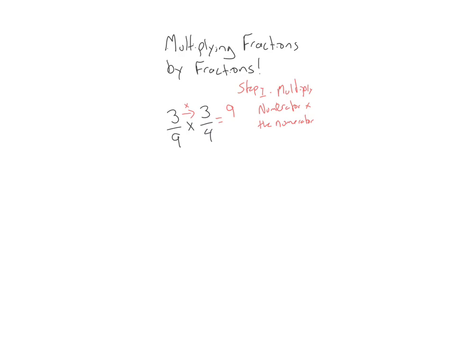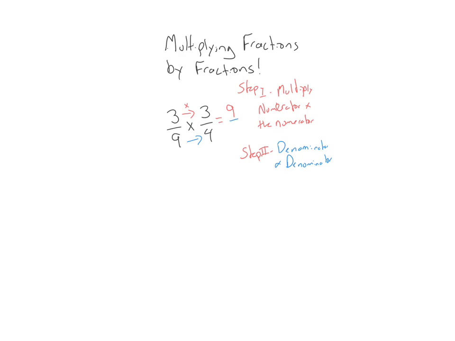Okay, then step two is we multiply denominator times denominator. And that's going to give us our new denominator.